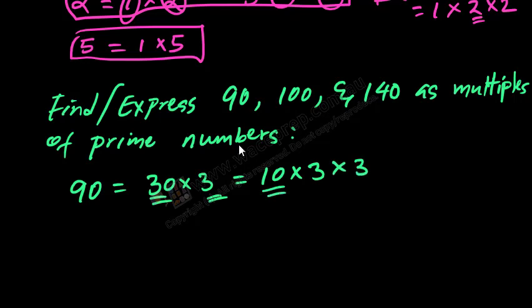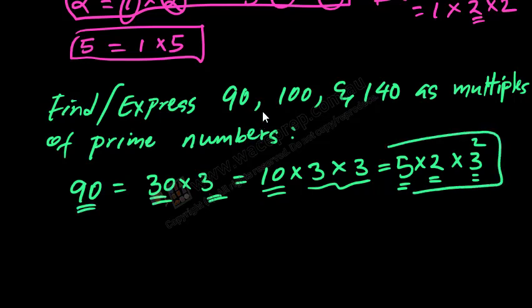Now what about 10? 10 could be expressed as 5 times 2, and we can leave the other two numbers, which is 3 times 3, as 3 squared. So we can see that at this stage each of these number is a prime number. 5, 2 and 3 are all prime numbers. So we have just expressed the number 90 as multiples of prime numbers.